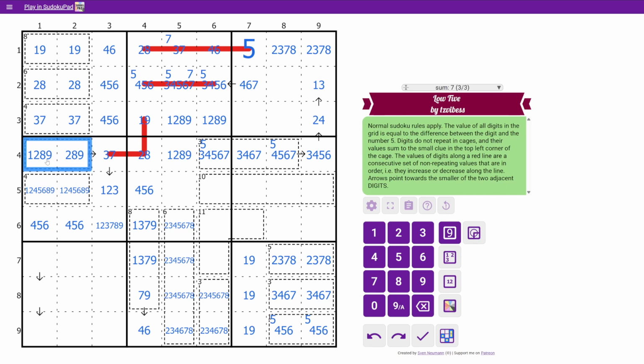Right, so the 3 value is going to be in here and here. So this is not 2 or 8.